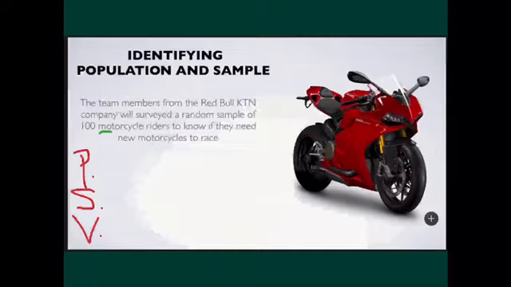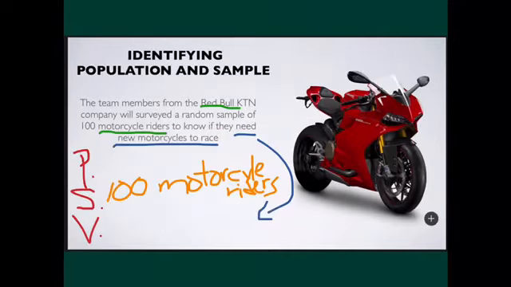Now, what could be the variable? The variable will be what they want to know. Well, they want to know if they need new motorcycles to race. So that one will be your variable.